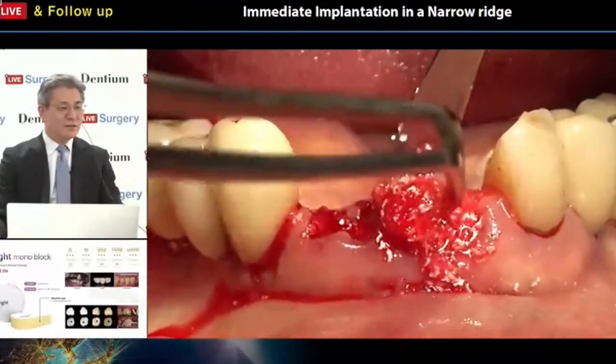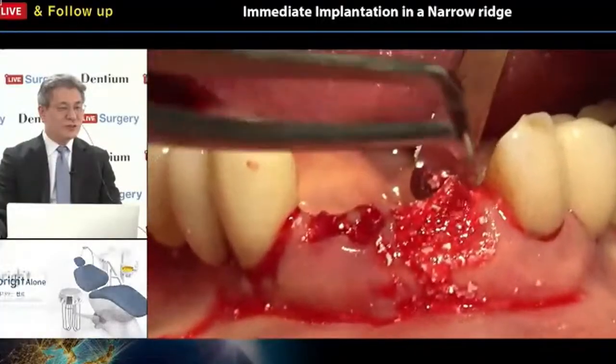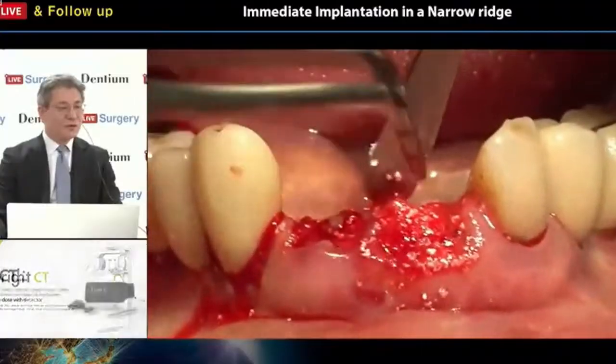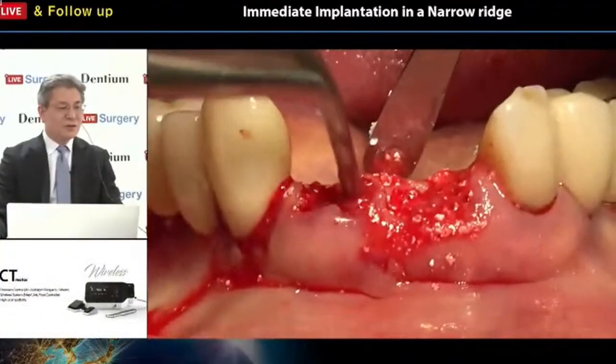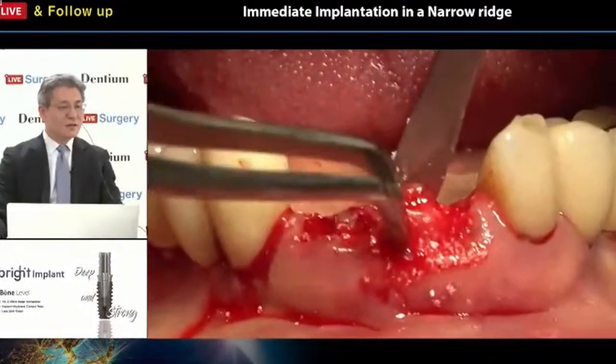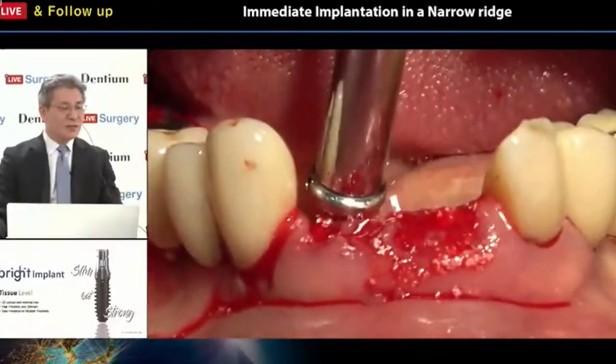So after initial drilling and packing the bone graft materials, Dr. Chung is using the collagenated bone, the osteogenocollagen, that was introduced before the surgery.